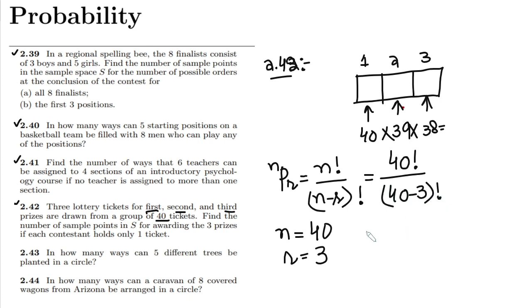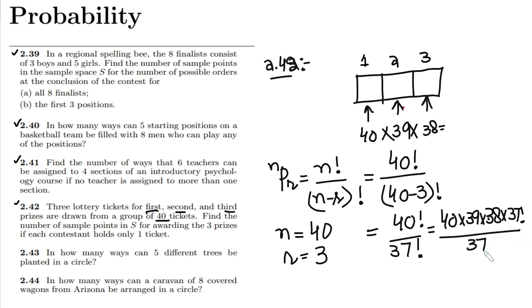So what I will get from it is 40 factorial divided by 37 factorial, or I can also simplify it as 40 multiplied by 39 multiplied by 38 multiplied by 37 factorial, whole divided by 37 factorial.